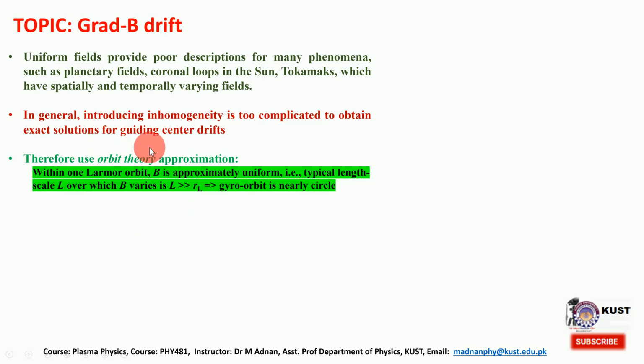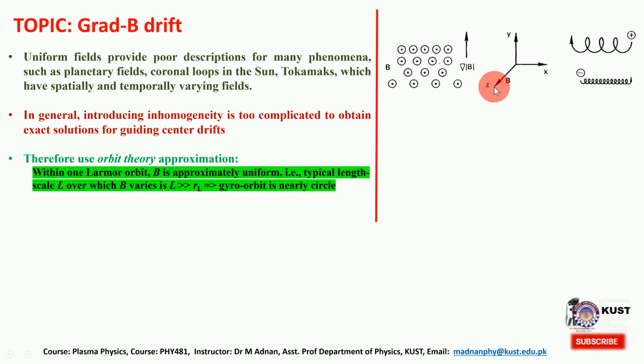For the approximate solution, we need to adopt the orbit theory with the approximation that within one Larmor radius the B field is approximately uniform, that is, the typical length scale L over which B varies should be greater than the Larmor radius. So for example, while discussing the grad-B drift, we have pictured that situation here.